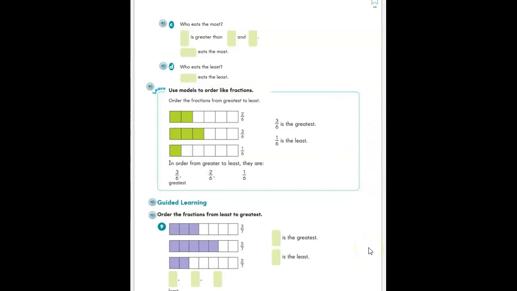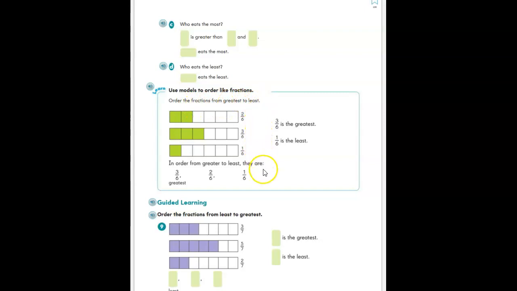Okay, the last thing we're going to do for this lesson today is learn how to use models like this to order like fractions. When we order fractions, we are putting them in order either from greatest to least or from least to greatest. In this case, they are asking us to order the fractions from greatest, or biggest, to least, or smallest.